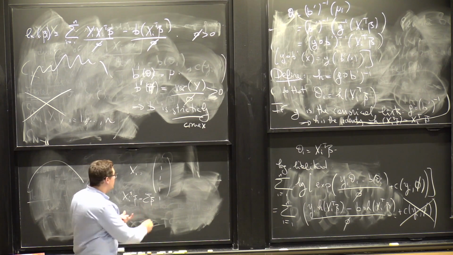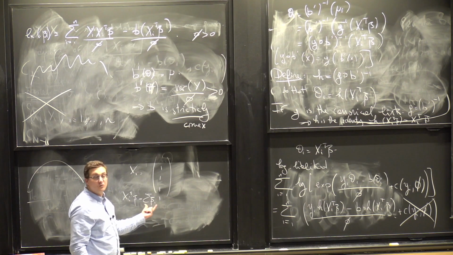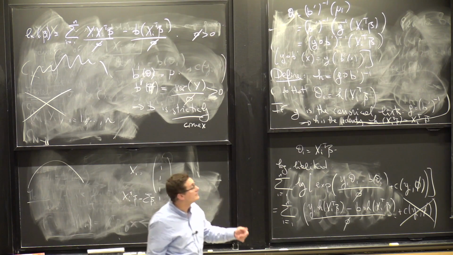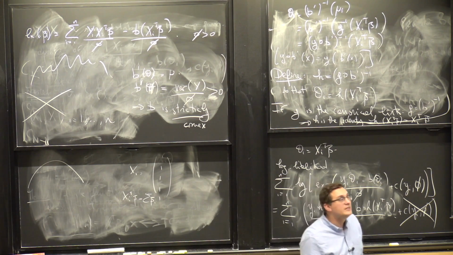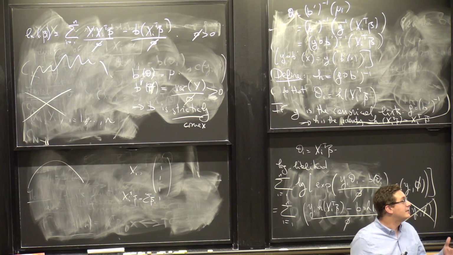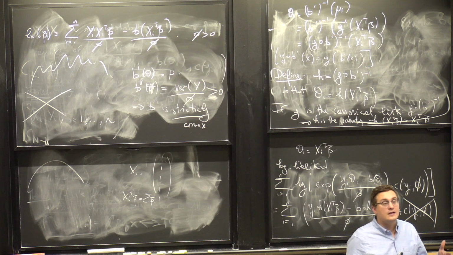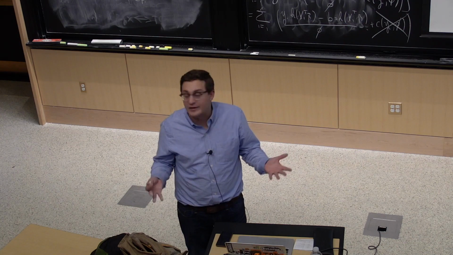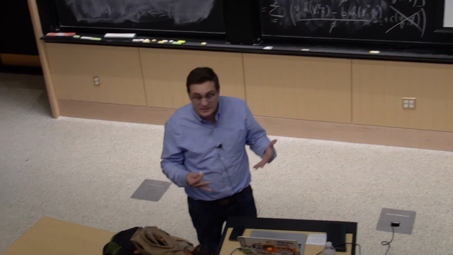And I will be strictly concave in those guys, but certainly not in the individual entries. OK, so I need extra conditions on my xi so that this happens, just like we needed the matrix capital X in the linear regression case to be full rank, so we could actually identify what beta was. OK, it's going to be exactly the same thing.